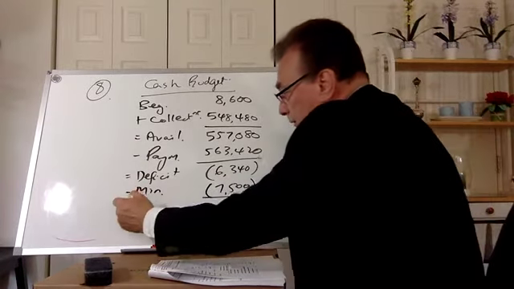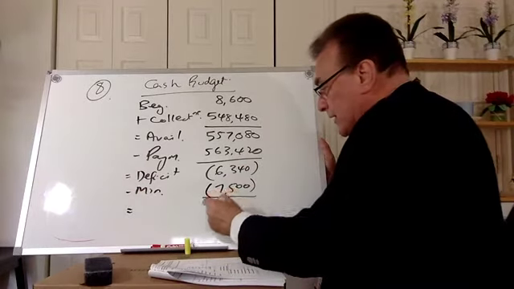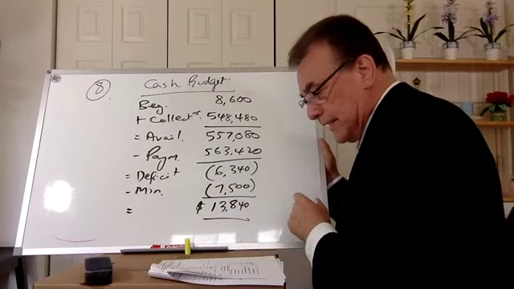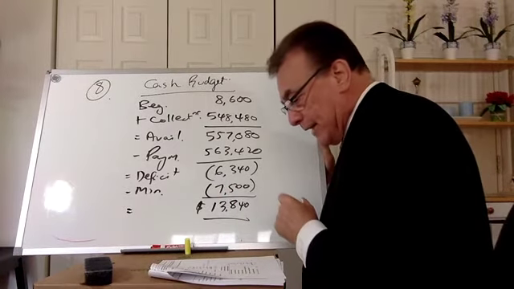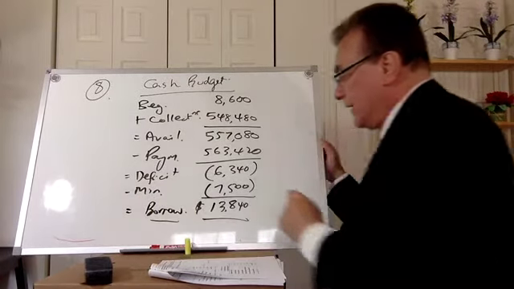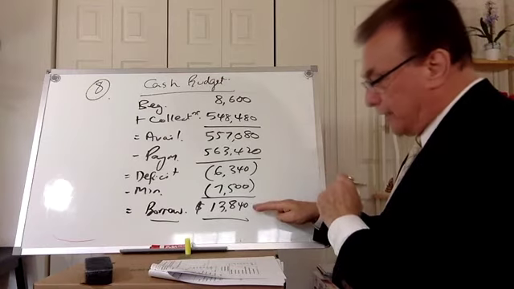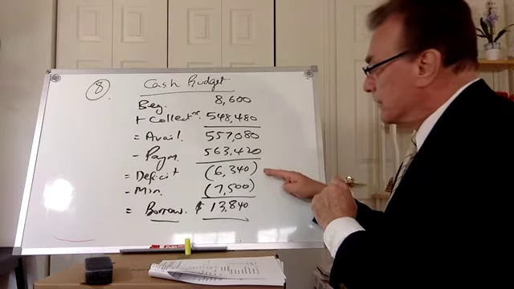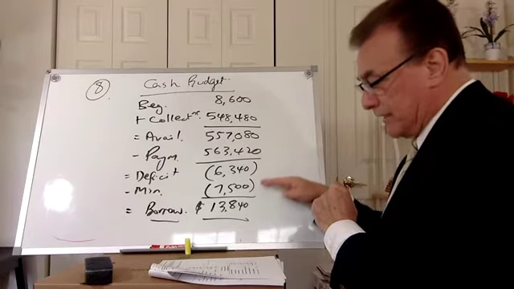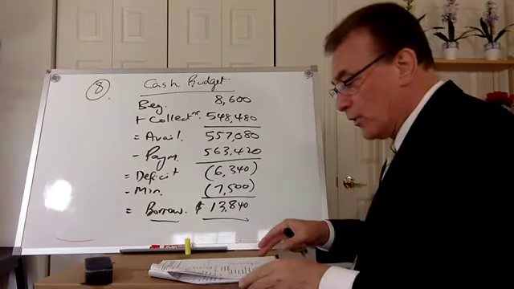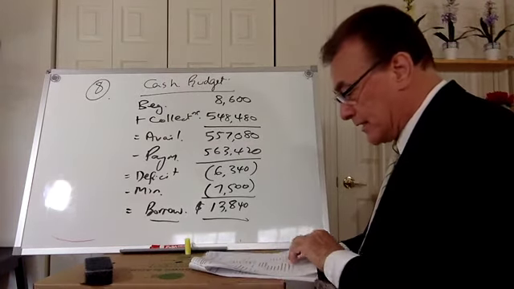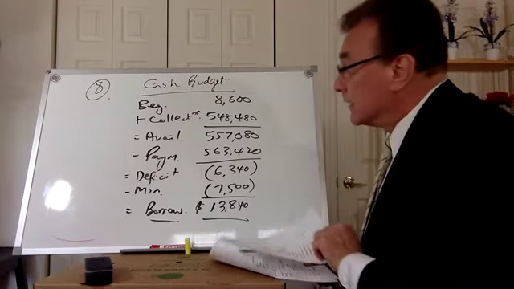So in fact, what you have to do is go and borrow $13,840. That will be the amount that you need to borrow. Because you've got to take that $13,840, pay for all your bills, and if you do that, you'll end up with the $7,500 in the bank as you want, right? $7,500 deposit or balance in the bank account. That's question 8.